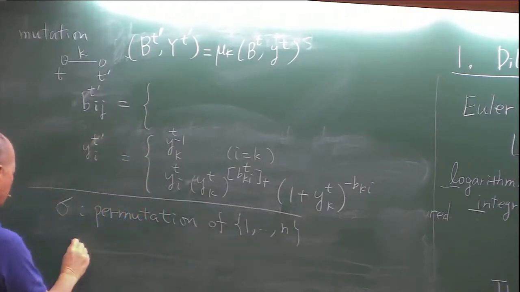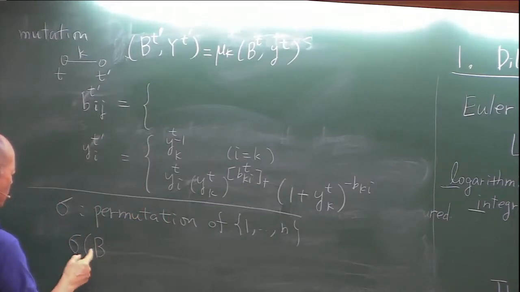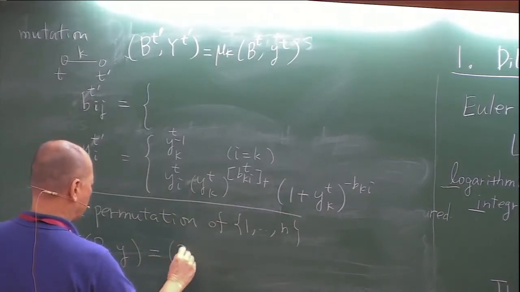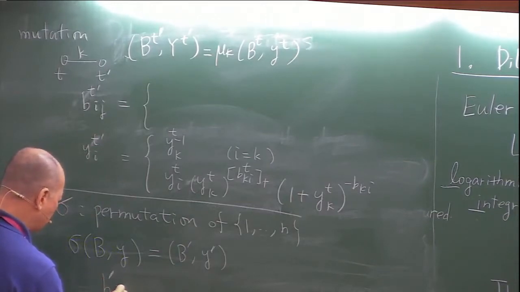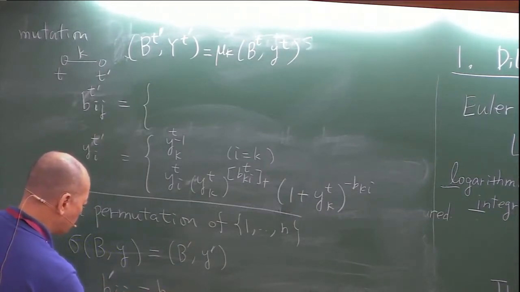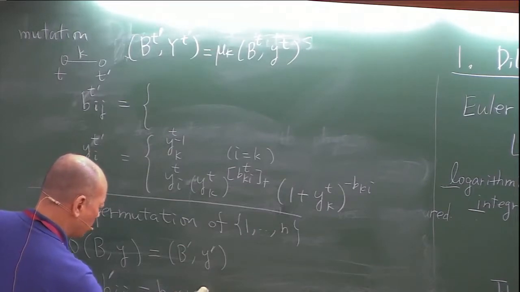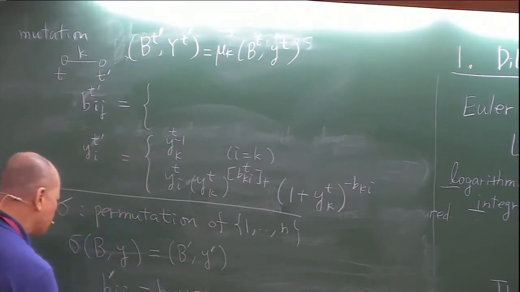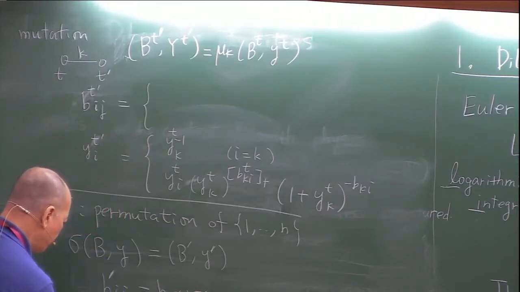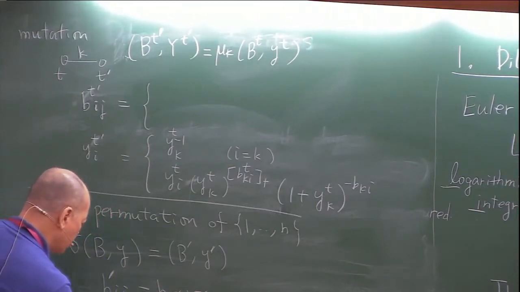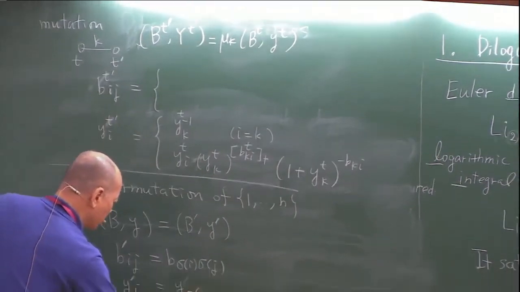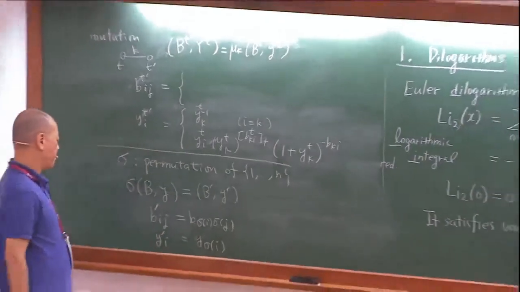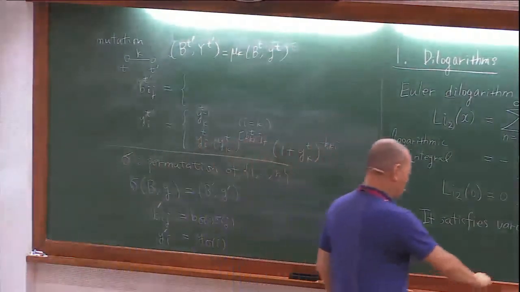And I introduce a notation for the action of this permutation on a seed, which creates a new seed such that this new one is given by the action of sigma on the indices. It's the right action, but it's not important anyway. Okay.